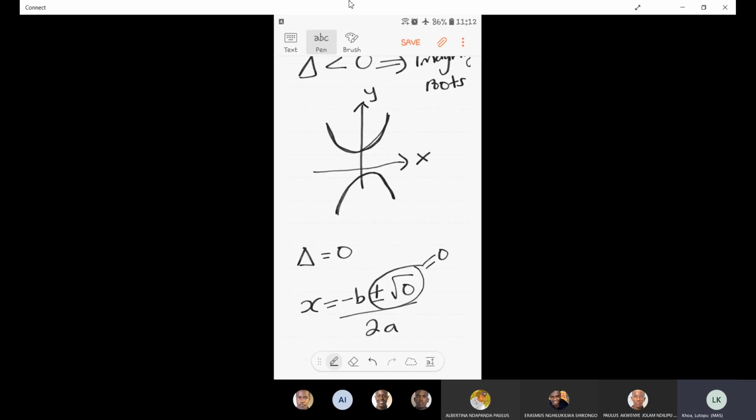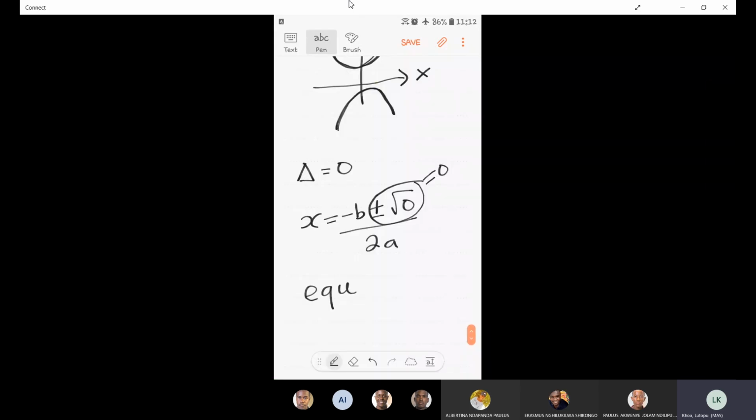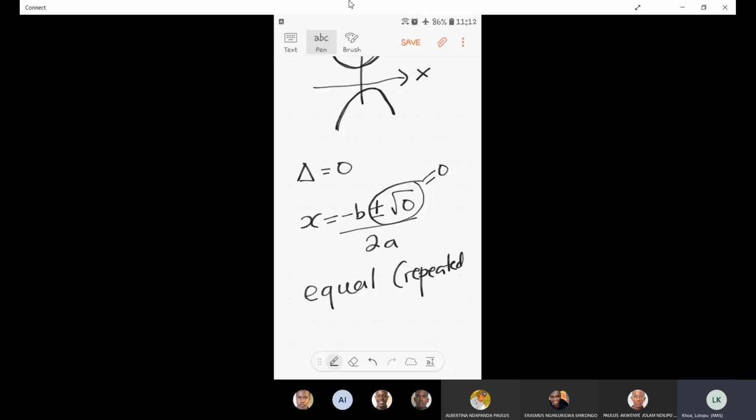So you'll have, for example, x is equal to 2 or x is equal to 2 if you were to factorize it. So here you have equal roots. So sometimes you'll see it says repeated. So that means the same thing. So if your discriminant is equal to 0, then you have equal, repeated roots.